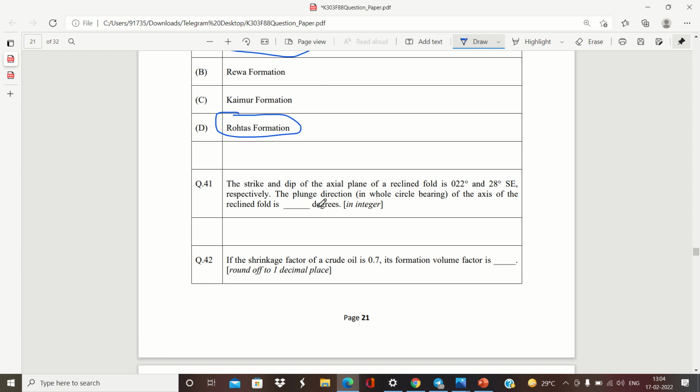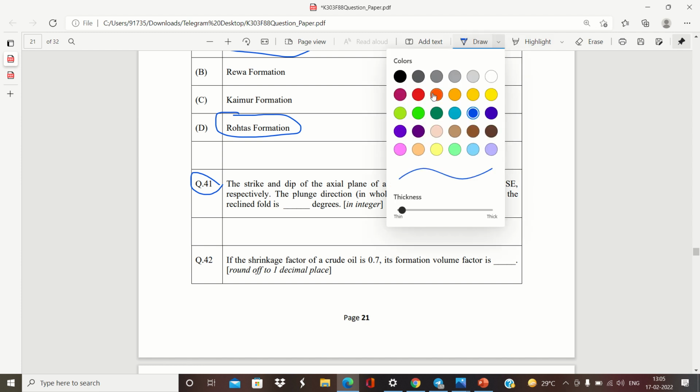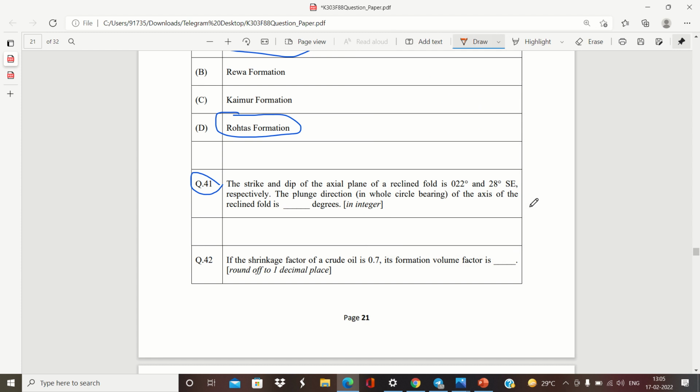Then there is a numerical NAT type question, or rather we can say this is not a calculative type, it is a general understanding type question. The strike and dip of the axial plane of a reclined fold is 022 and the dip is 28 degrees towards the southeast. Now let me first create the direction chart. So our directions are something like this.